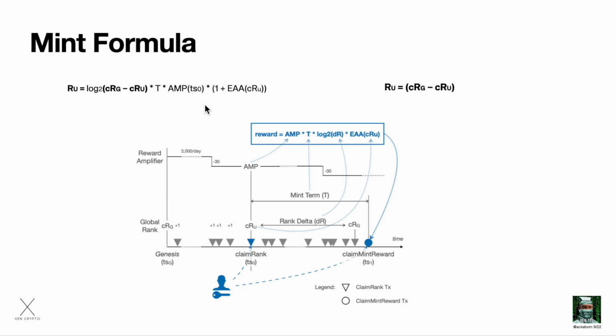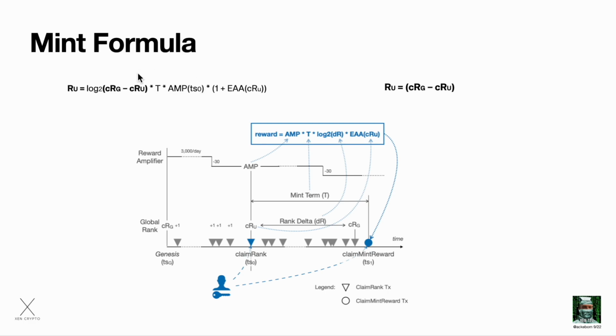The AMP doesn't care about anything other than time. It's time dependent. The log base 2 dictates the mint velocity. The T is what you chose when you claimed your C rank. So we have all of that, now, when you will do your mint.